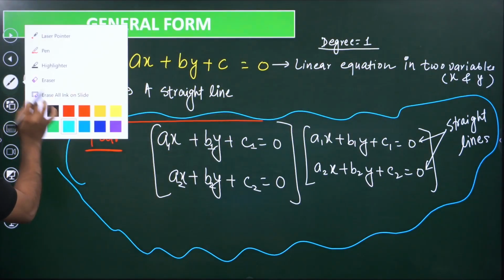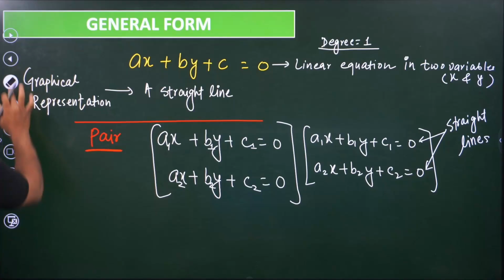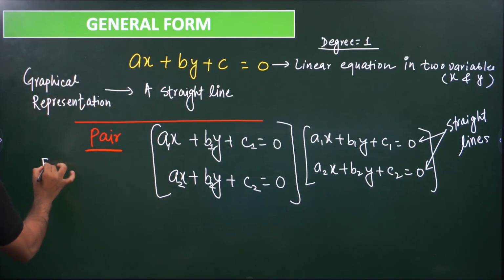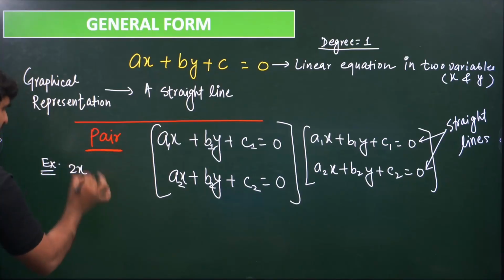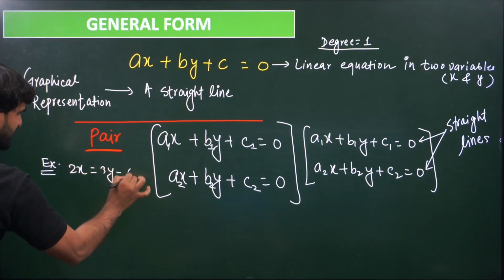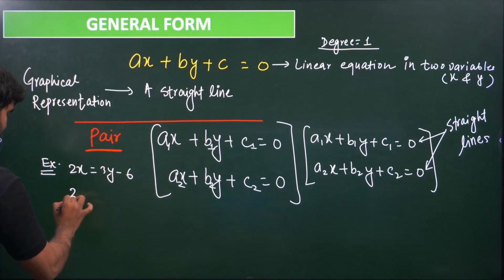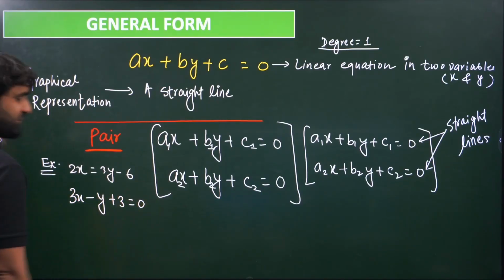For example, champions, listen everyone. For example, if I have two linear equations, 2x is equal to 3y minus 6, and I have one more linear equation, this is equal to 0.